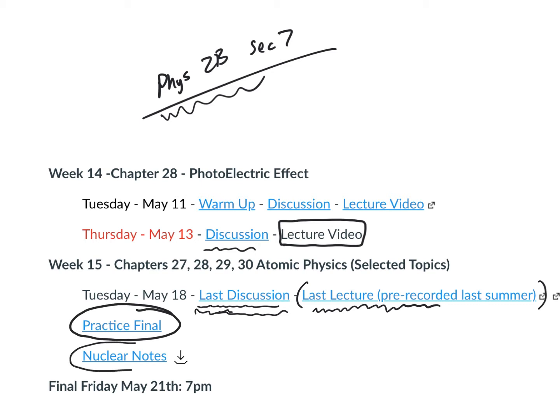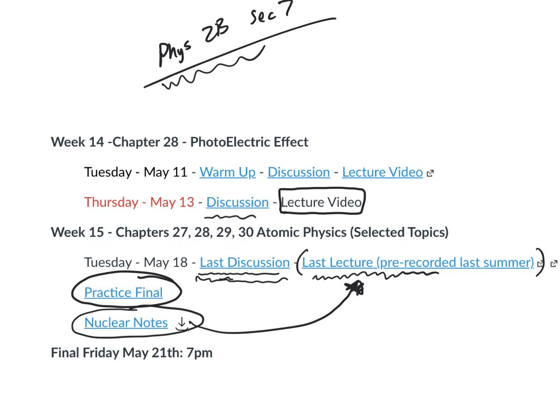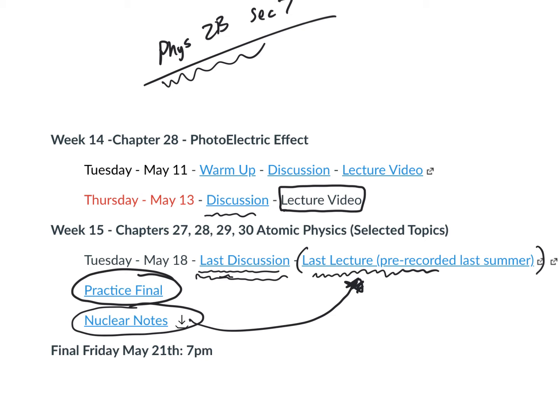There's nuclear notes that go along with the last lecture. And then if you're in section 7, some of the other sections watch this video as well, then that's when you have your final. And then you're done for the semester.